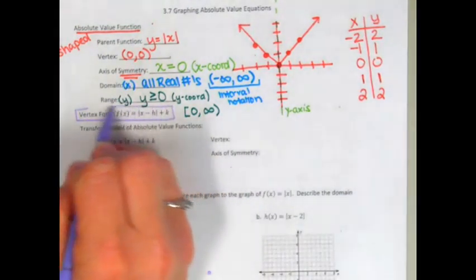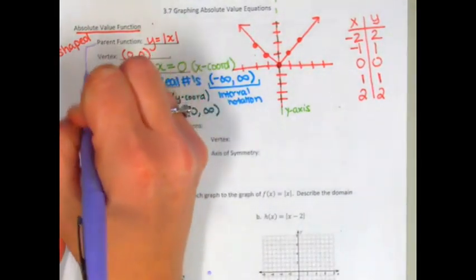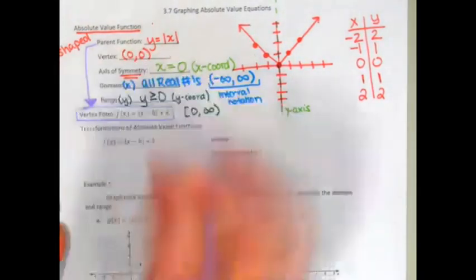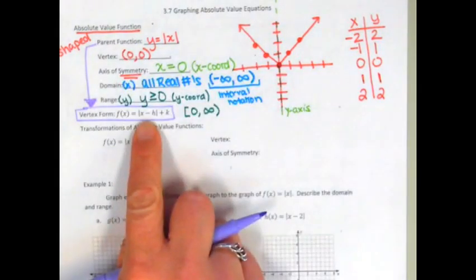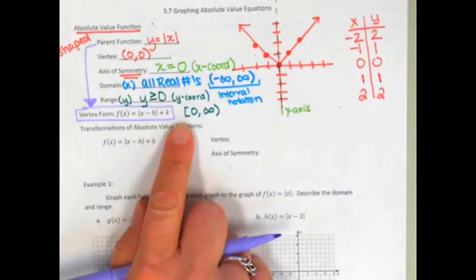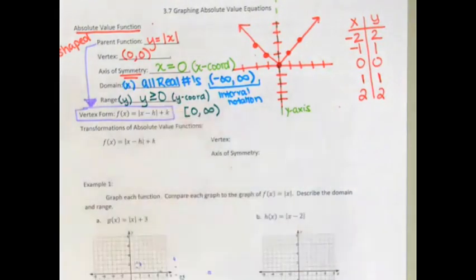So if you notice from our parent function to vertex form, I put something in the middle of the absolute value and something on the outside, right? That H and K will shift my graph left and right, okay?